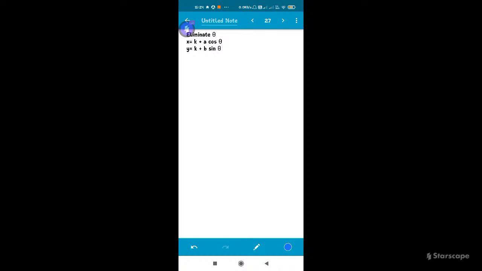So we have x is equal to k plus a cos theta. Let me find the expression for cos theta. So x minus k is equal to a cos theta. You can skip this step and directly do it like the third step. So x minus k by a is cos theta.